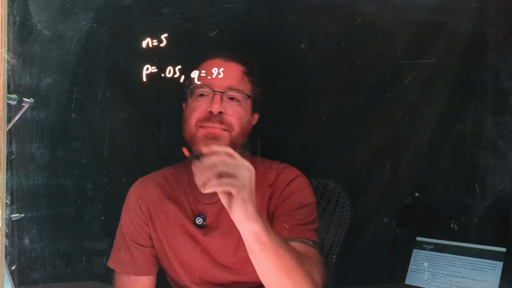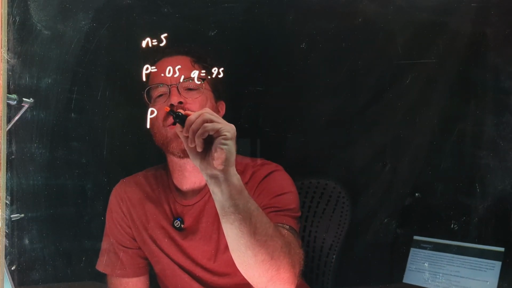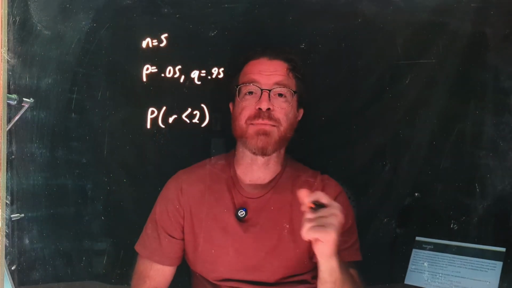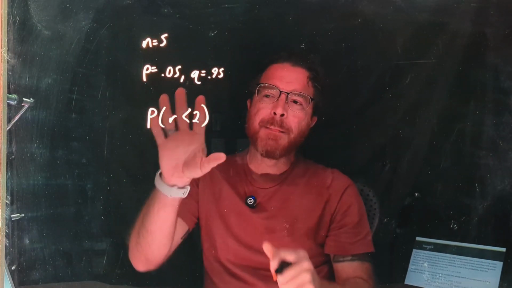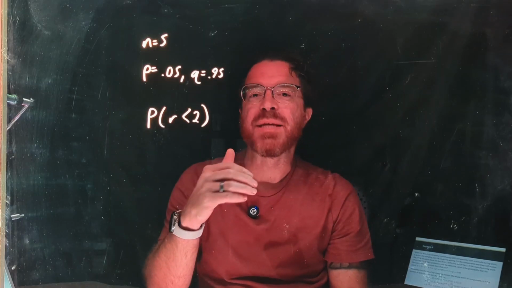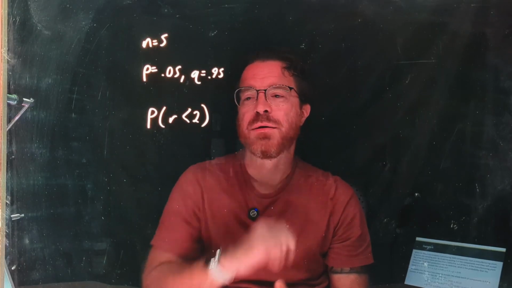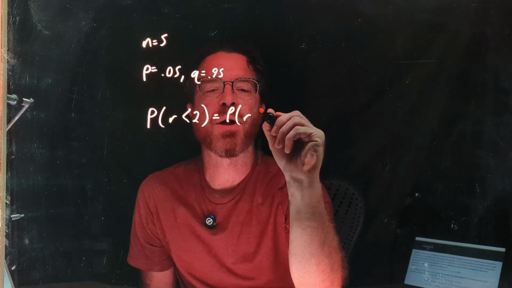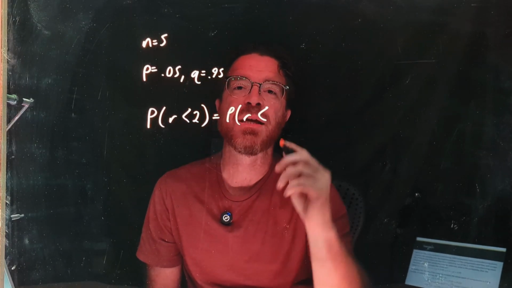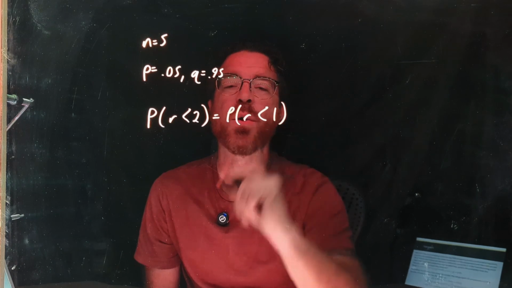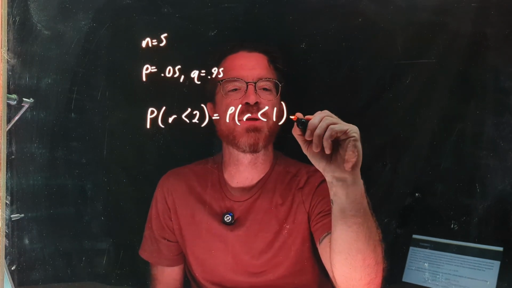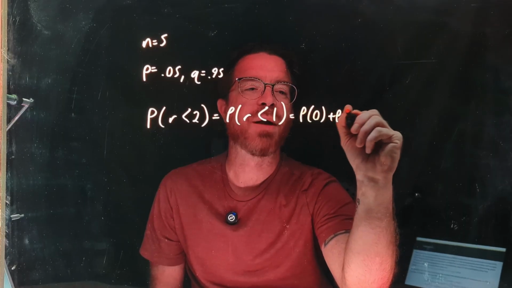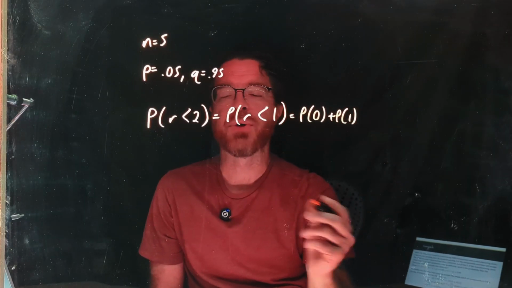Well, it said that we would accept this batch if there are less than 2 faulty parts. So remember, less than 2 means what? It means less than or equal to 1, because that 2 is not included. So it's the probability that our number of faulty parts is 1 or it is 0. So we're going to actually be looking for what is the probability of getting 0 faulty parts plus the probability of finding 1 faulty part.